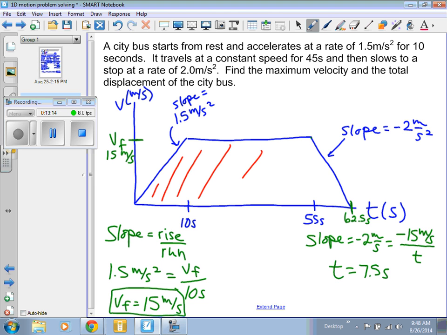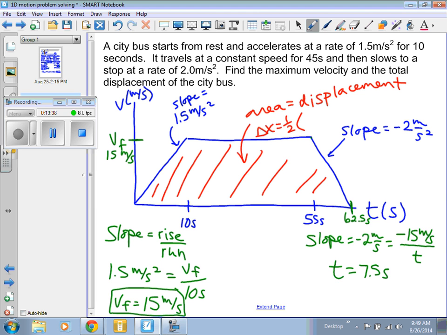We know that the area under the curve is equal to displacement. So we can do a trapezoid equation for that. So delta x is equal to 1/2 times base 1 plus base 2. So our base 1 is 62.5 seconds, and our base 2 is 45 seconds.